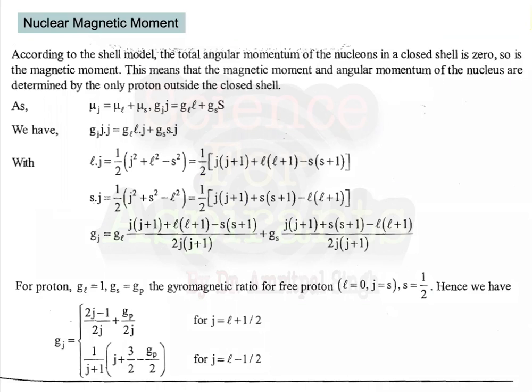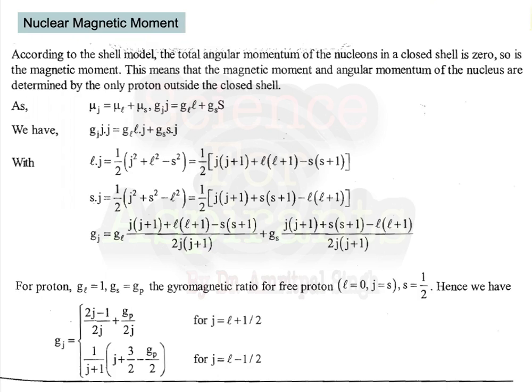The nuclear magnetic moment is the moment of an atomic nucleus which arises from the spin of protons and neutrons, and mainly this magnetic moment is dependent upon the angular momentum, that is the azimuthal quantum number, and the spin quantum number.